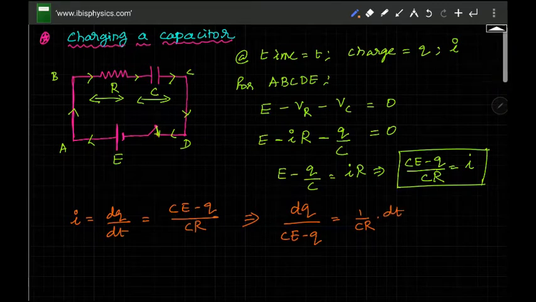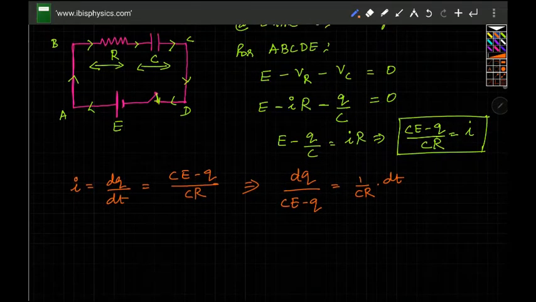At time t equal to 0, the charge on the capacitor is 0. At time t equal to t, the charge on the capacitor, we have assumed, is q. So let us integrate with respect to time. When t equals 0, the charge is 0; when t equals t, the charge is q.